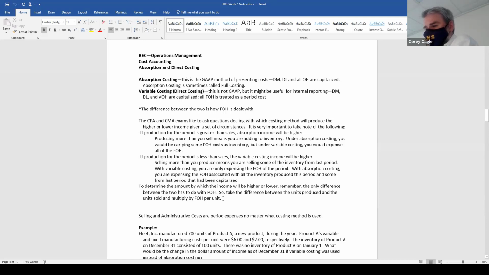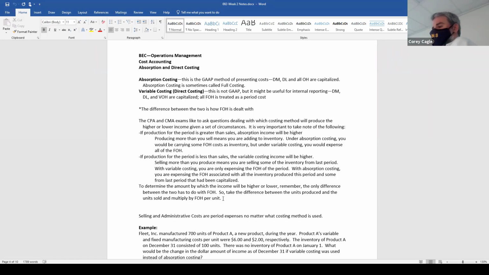So here's the deal. The first thing you need to make sure you know, commit this to memory, if production during a period is greater than the sales, absorption net income will be higher. We'll illustrate that as we do numbers too. So think about that. You're in a period, you produce more than you sell. That means some of your goods are going into inventory, right?